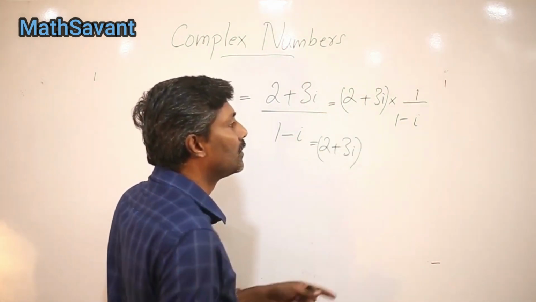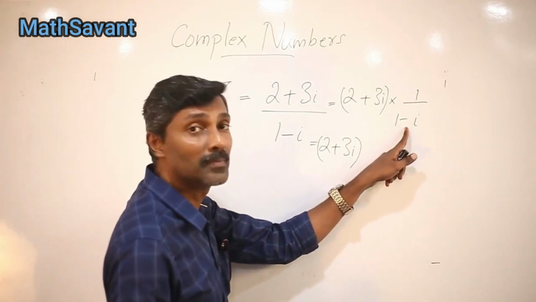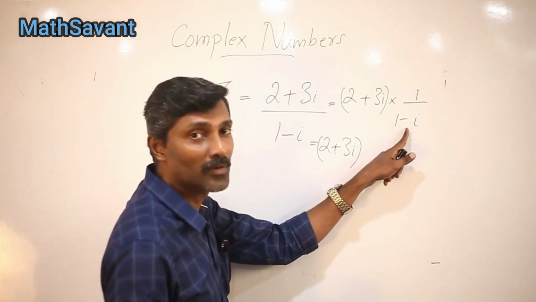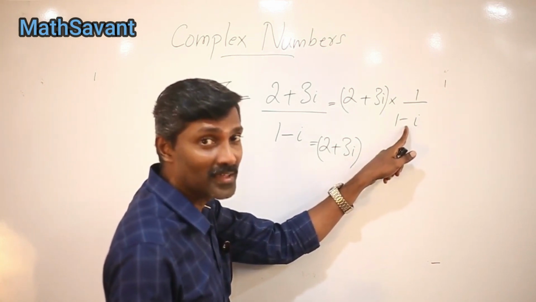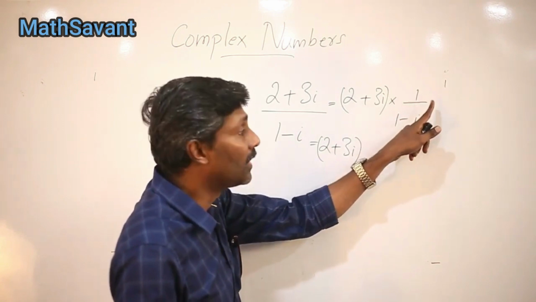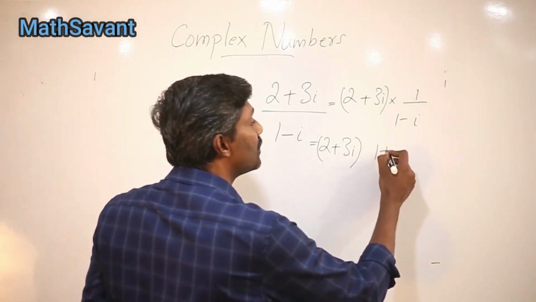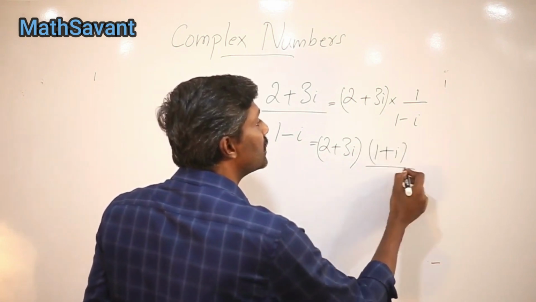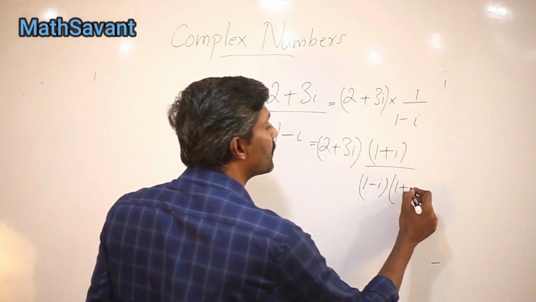I told you earlier when it came to the multiplicative inverse, how do we solve 1 by 1 minus i? We have to take the conjugate of 1 minus i, which is 1 plus i, and multiply the numerator and the denominator by 1 plus i, which is the conjugate, right? So this becomes 1 plus i divided by 1 minus i into 1 plus i.